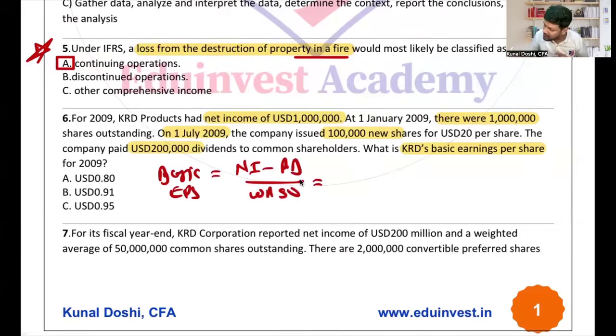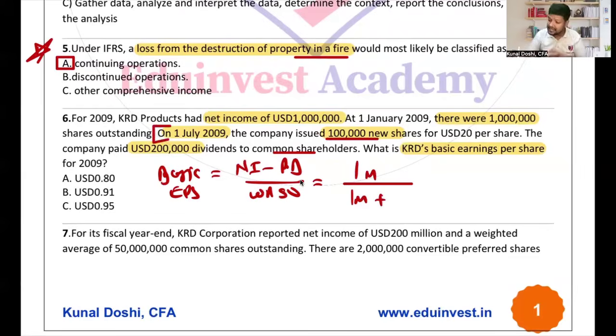Net income is 1 million here. Do I have preferred dividend? No, they've given me common dividend. Do I deduct common dividend? Common dividend, we don't subtract. So there's nothing going to be deducted from the numerator, 1 million only. Denominator, I already had 1 million shares at the beginning, but then I issued 100,000 more shares on 1st July.